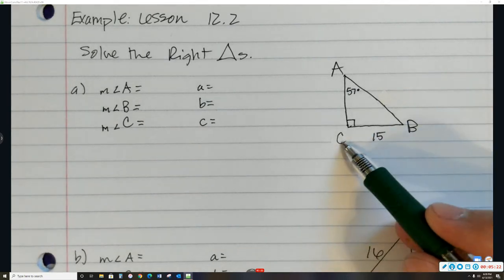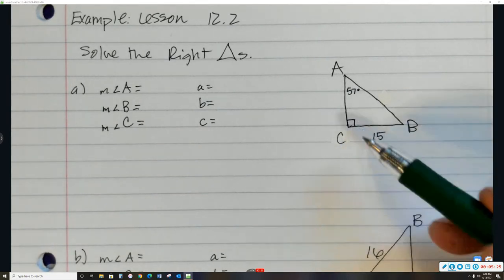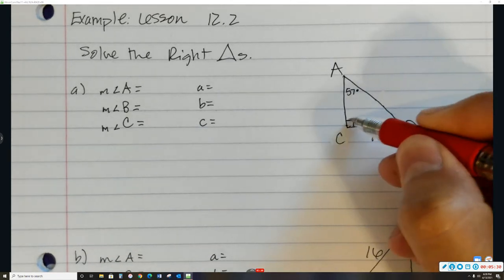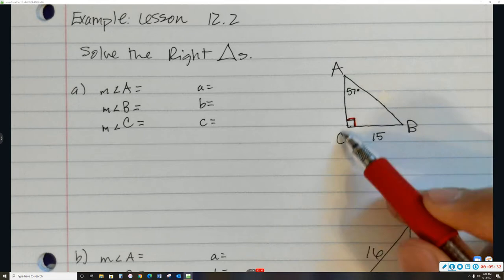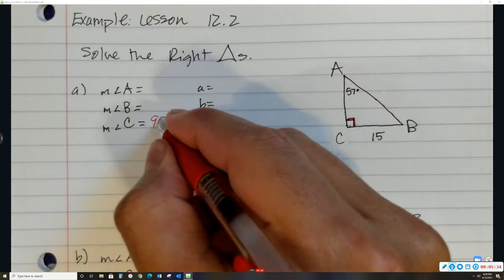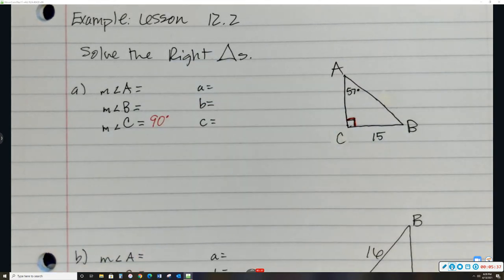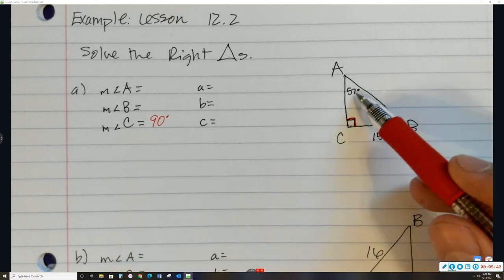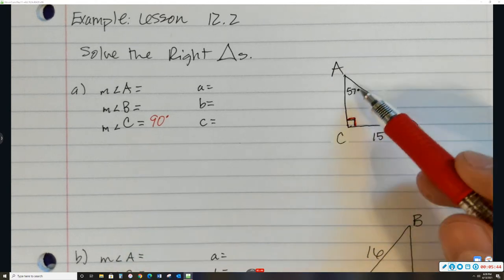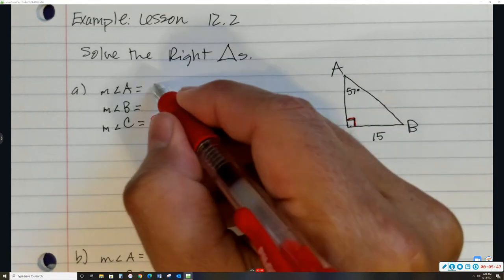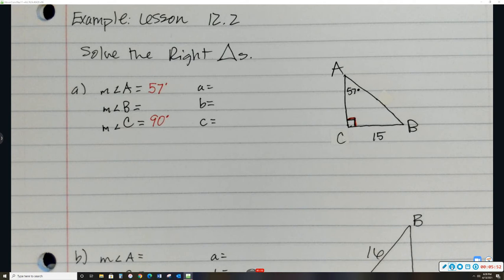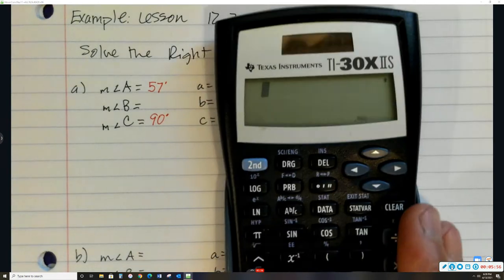Like C. This is angle C. You should know because it has the little square here: wherever the little square is, that's 90 degrees, so angle C is 90 degrees. This top angle, angle A, is 57 degrees. I can figure out the measure of angle B using the triangle angle sum conjecture.